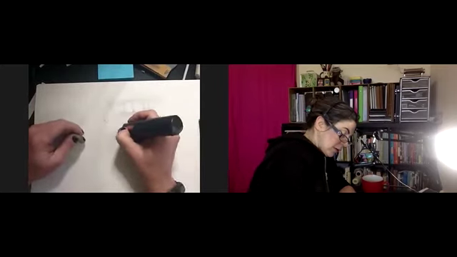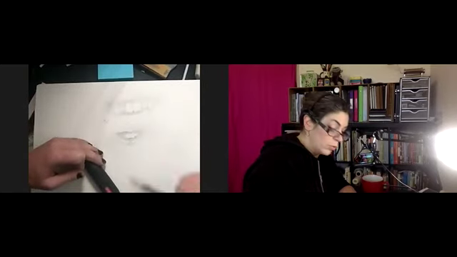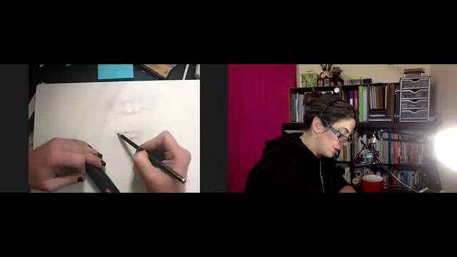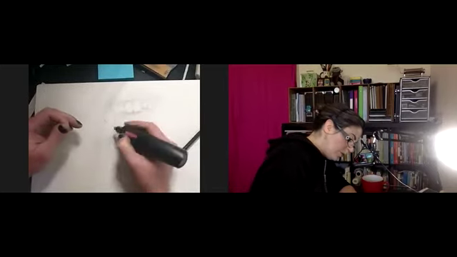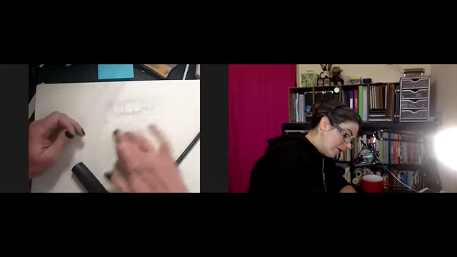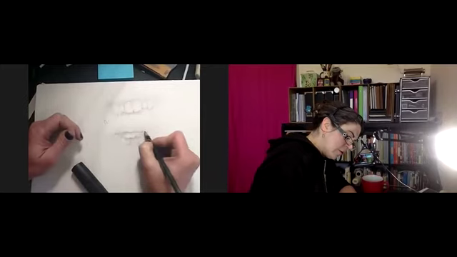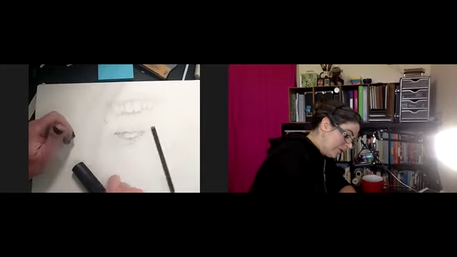The other thing to note is pay attention to what happens at the corners of the mouth. It tends to be quite softened, so you're not expecting a corner. You're expecting a kind of area where it goes to smushy, smushy.